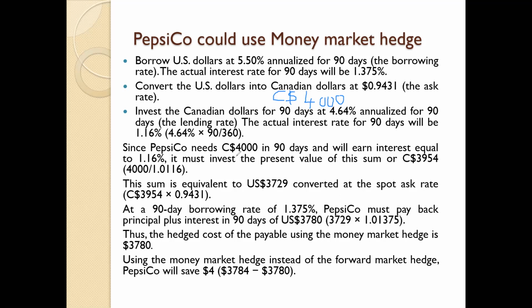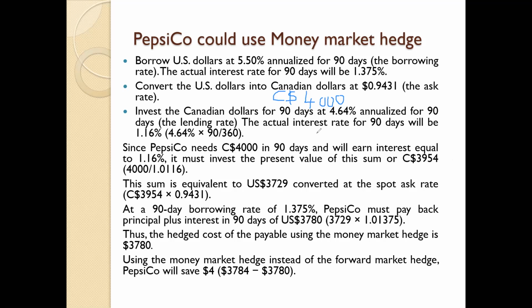We know if we invest into the Canadian dollar investment, we receive 1.16% interest for the 3 months time period, because the interest rate for the Canadian dollar is 4.64% per annum, and for the 3 months it is 1.16, right?